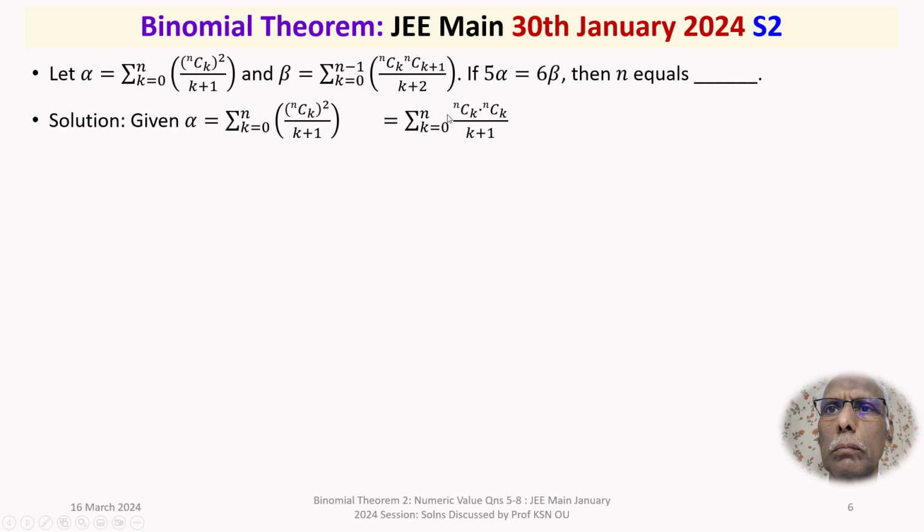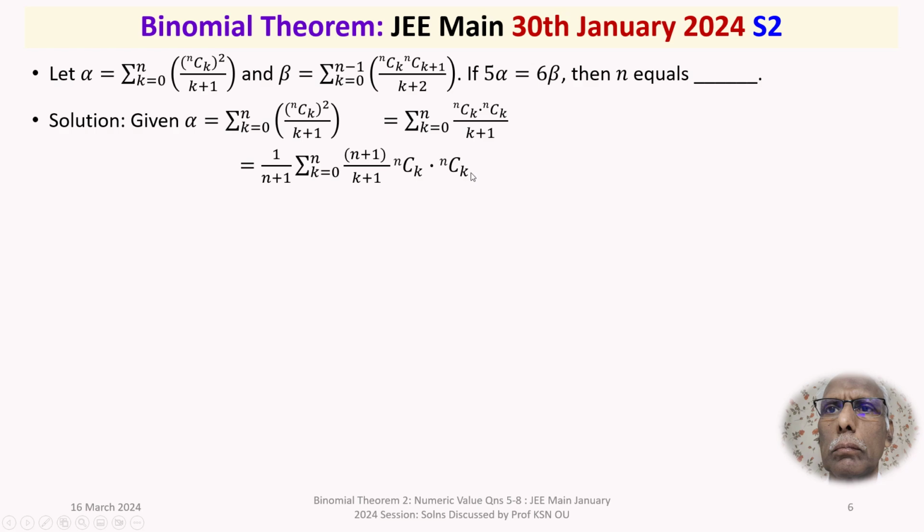If we multiply by n plus 1 and divide by n plus 1, then you can write n plus 1 by k plus 1 multiplied by nCk as n plus 1 Ck plus 1. So multiply and divide by n plus 1. Then sigma n plus 1 by k plus 1 multiplied by nCk, this is n plus 1 Ck plus 1 multiplied by nCk.